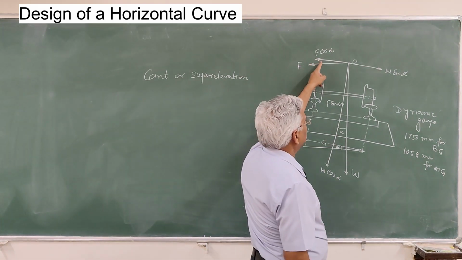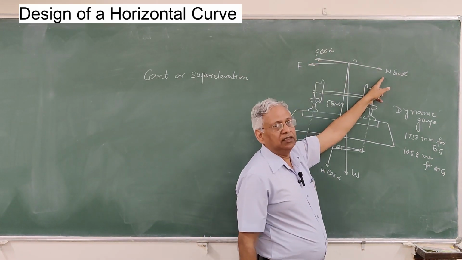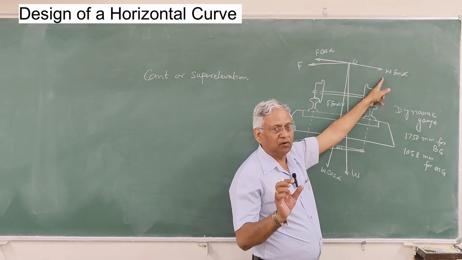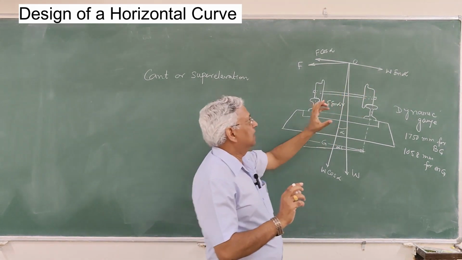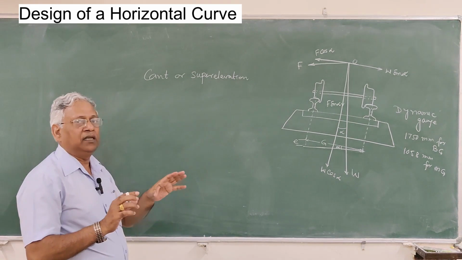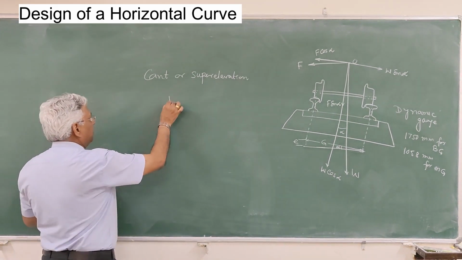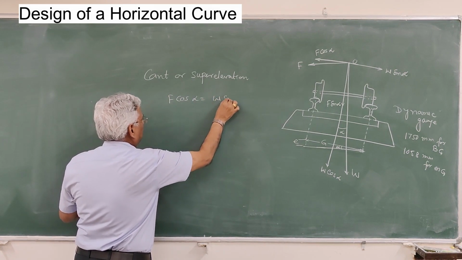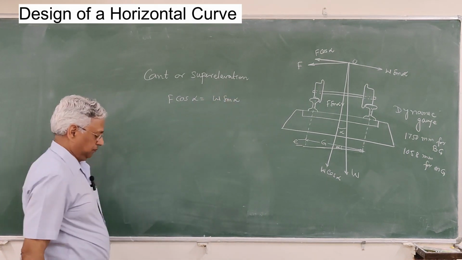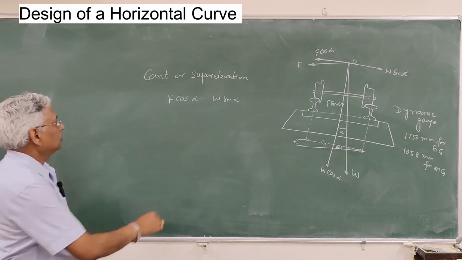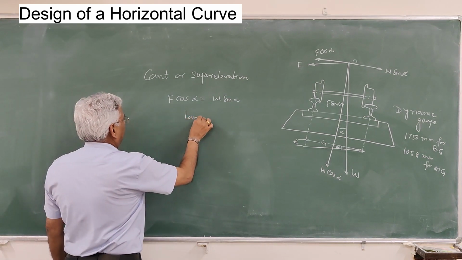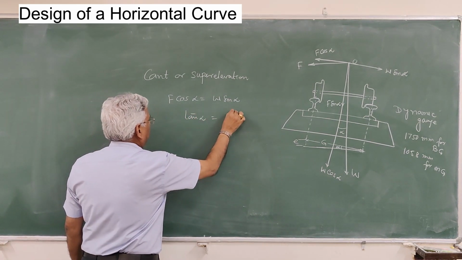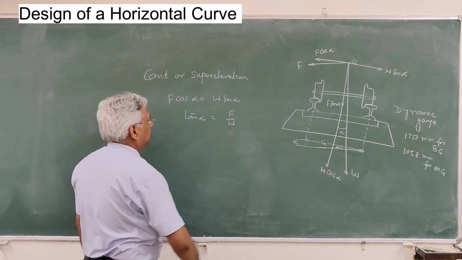F cos alpha should be completely balanced by W sin alpha, and that is the concept of superelevation, that there should not be any unbalanced force. So F cos alpha is W sin alpha, or you can say that tan alpha is F upon W.